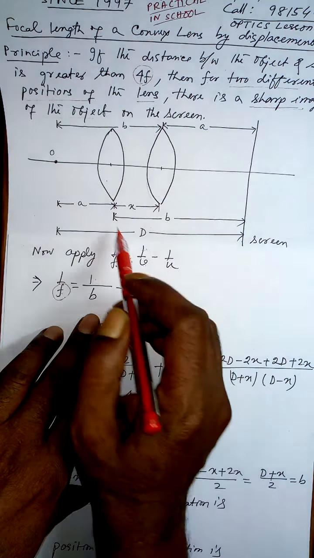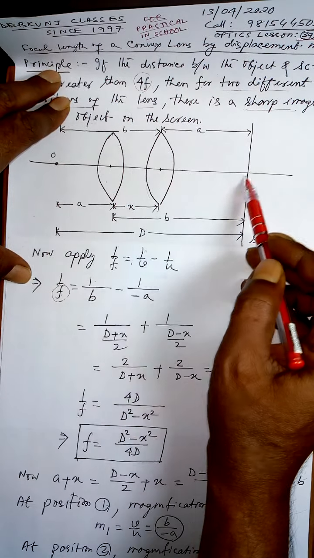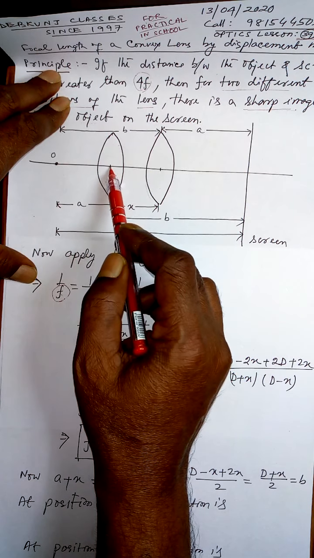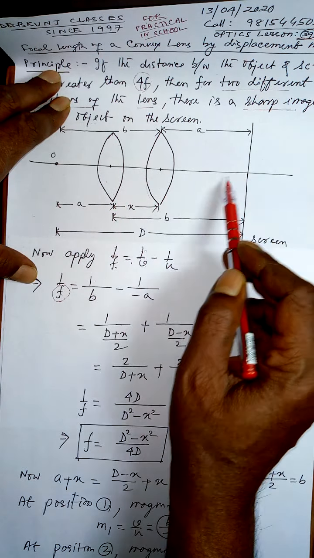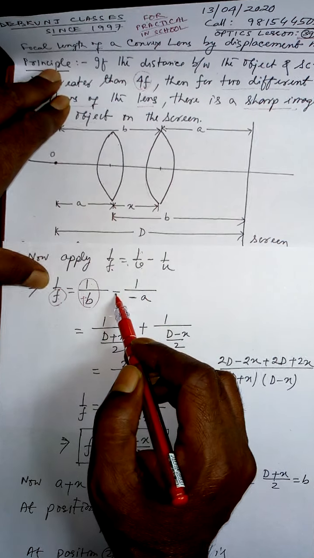Now look, for the first position of the lens, the image is on the screen. So the distance of the image is from this point to this point, that is the same as b in the direction of light, so b is positive.